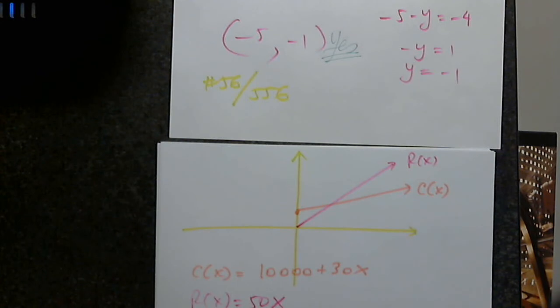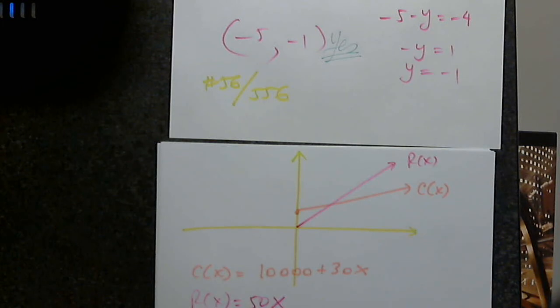Here's the question. Actually, I would like to do both, 55 and 56. You'll see in a minute why. Let's start with 55. How many radios must be produced and sold for the company to break even?